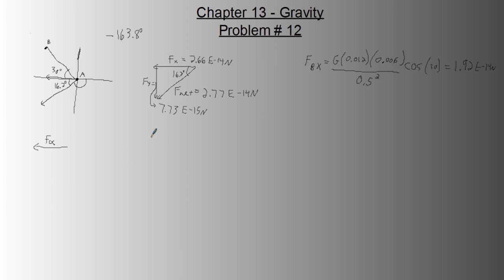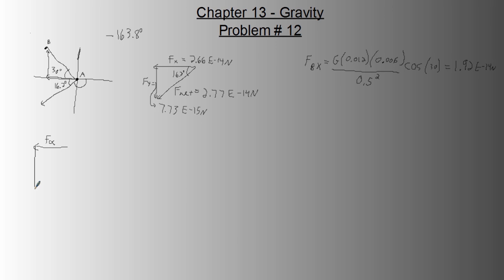Okay, now Fcy, that's more straightforward. We don't have to actually calculate, because if the net force is down and Fby is up, then Fcy has to point down. In fact, it has to not only point down to cancel out B, but then it has to go down this much more.